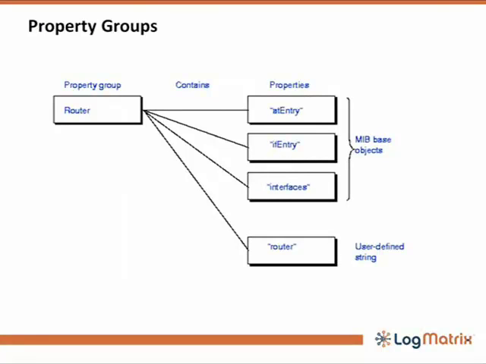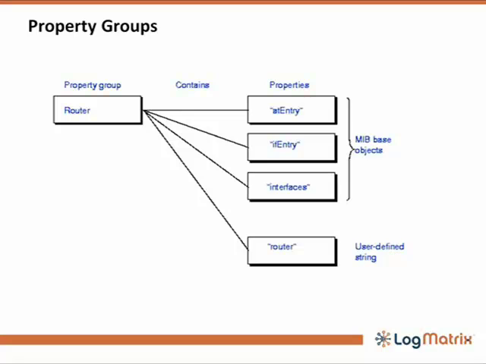Property groups are containers. They contain properties. The properties are either MIB base objects, such as you see here, AT entry, IF entry, interface, could be system, could be an ATM value, ATM base object, a bunch of them.